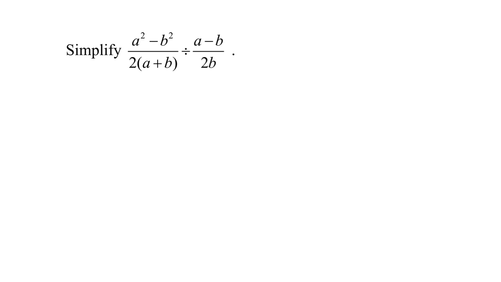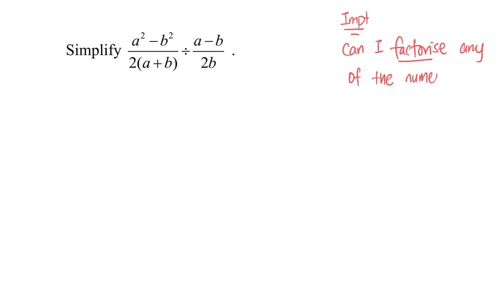The very first thing that comes to my mind is, this is really important: can I factorize any of the numerators or denominators? As I look through it, I can factorize a square minus b square.